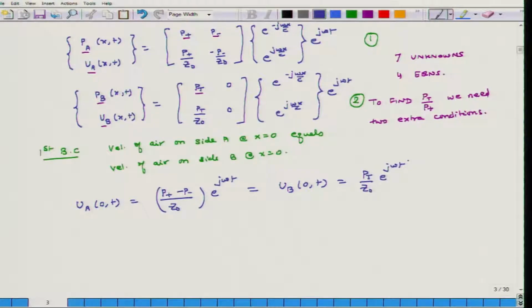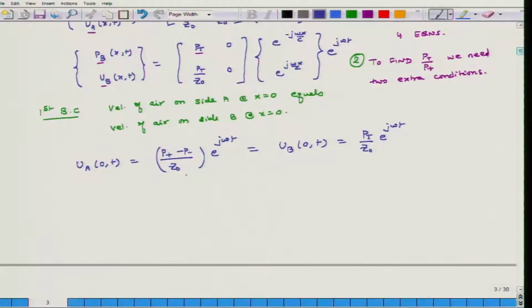Okay. So, this is complex velocity. So, if velocity is the same, then complex velocity has to be the same. So, from this what I get is that PT equals P plus minus P minus. So, this is one relation I get, a very important relation. So, this is equation 3.